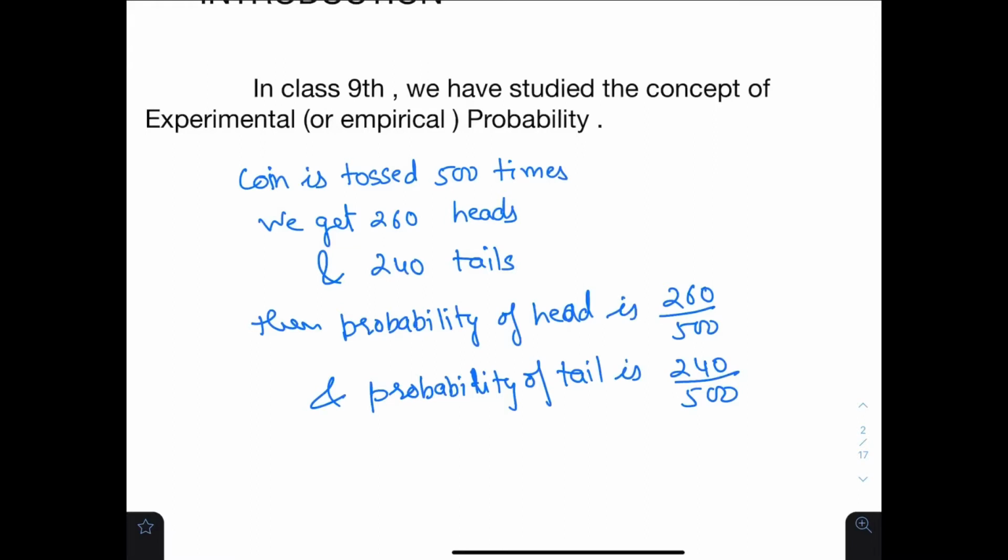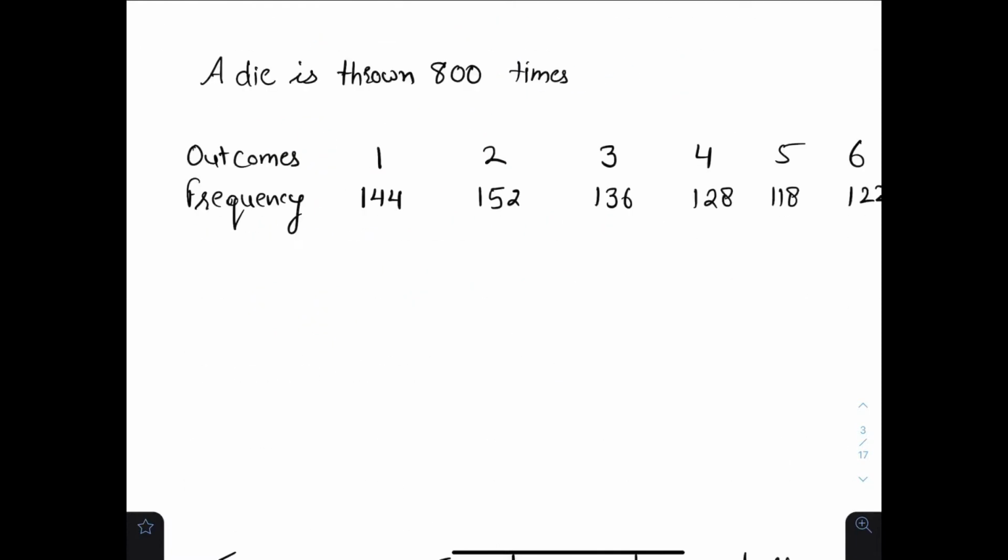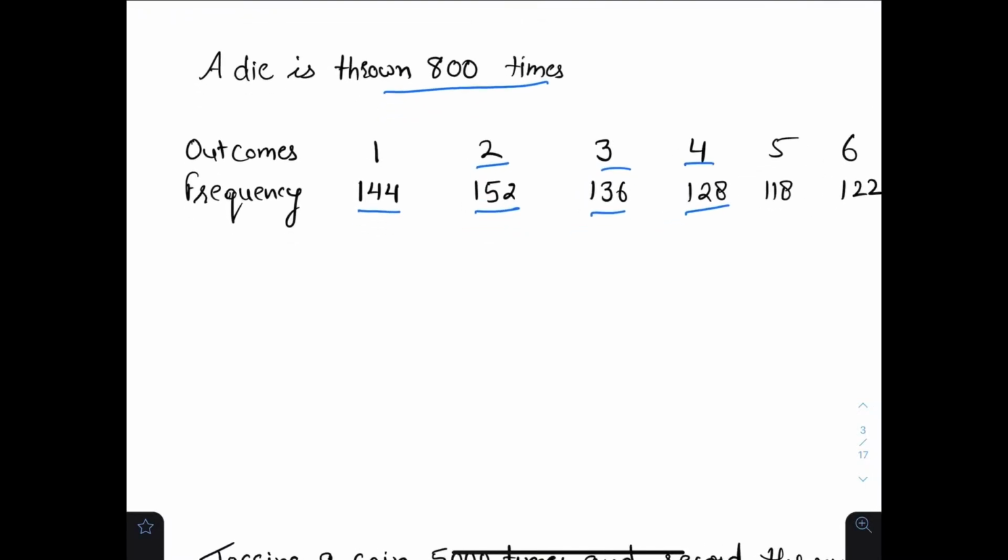Let's take another example. Suppose a die is thrown 800 times. The results of the experiment are given like that. The frequency of 1 is 144, 2 came 152 times, 3 came 136, 4 came 128 and so on.